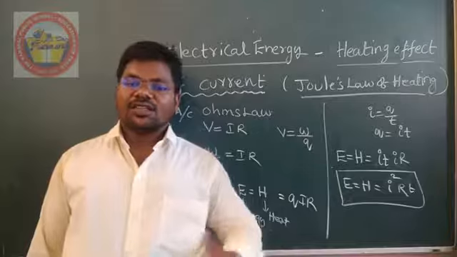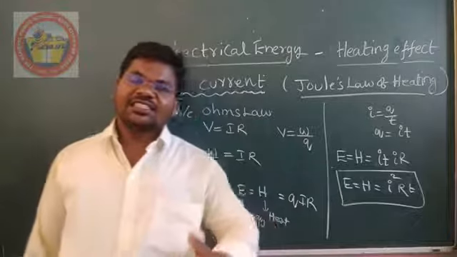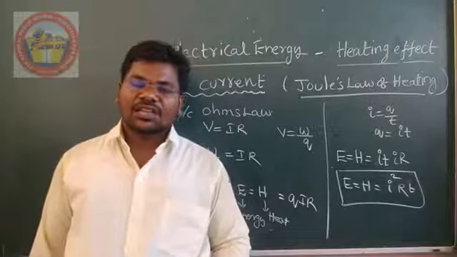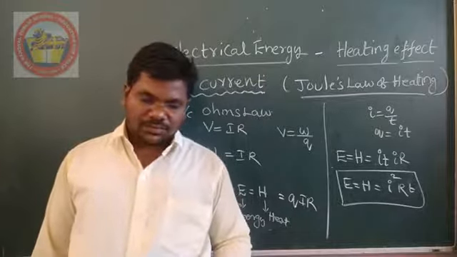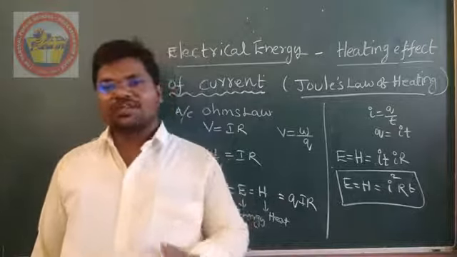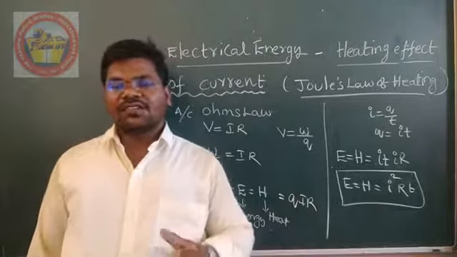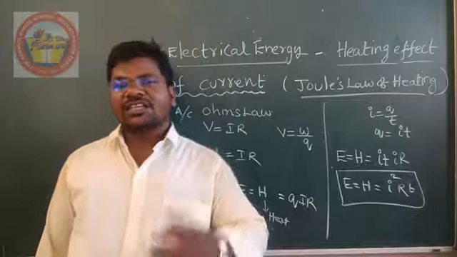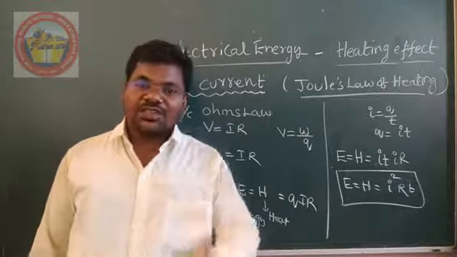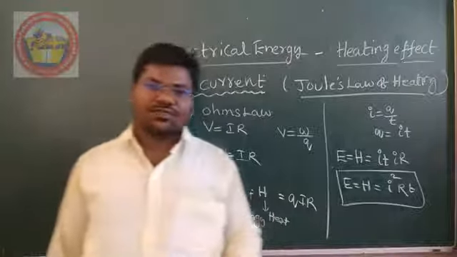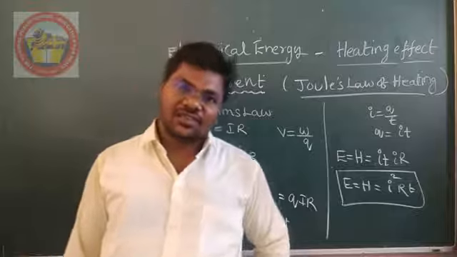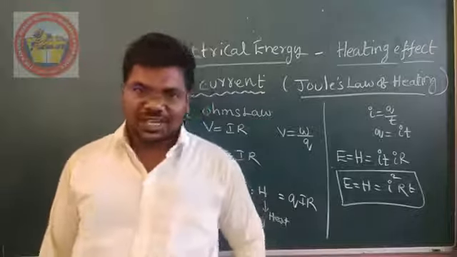This electrical energy is dissipated in the form of heat energy. Like a filament, if we send current through a filament, the temperature of the filament increases, meaning it produces heat. This effect is called the heating effect of electric current.